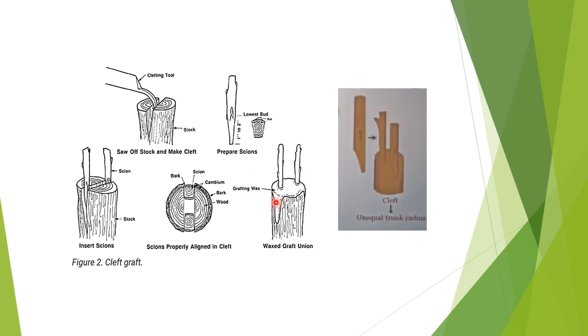That is, the diameter of the rootstock is more and the diameter of the scion is less. That is, it is in the form of a cleft. So you are inserting the scion into a cleft, and there will be an unequal trunk radius also. So this is how cleft grafting is done.